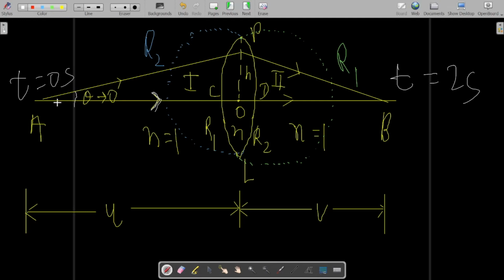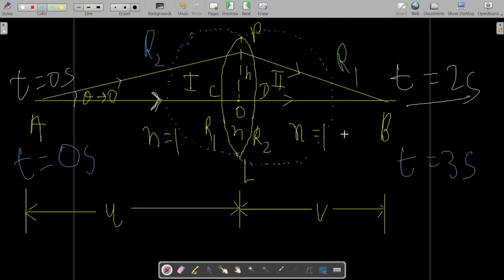It starts from point A, goes up to point P, and reaches point B at t equal to 2 seconds, suppose. And there is another light ray AOB, which also starts at 0 second, and when it reaches B, it has, suppose, time 3 seconds.